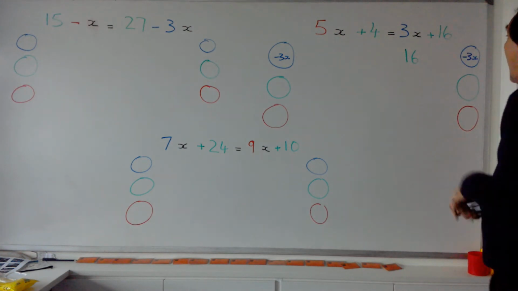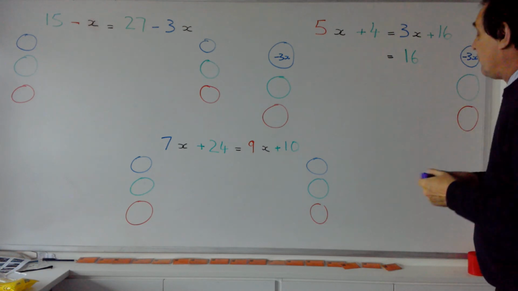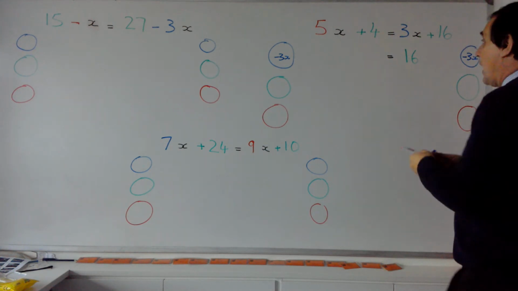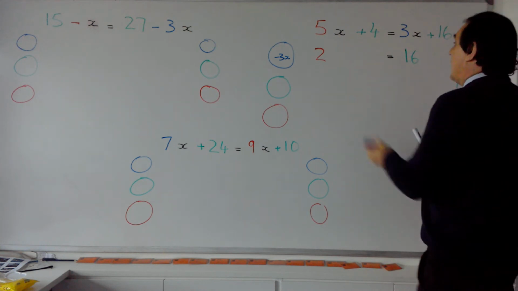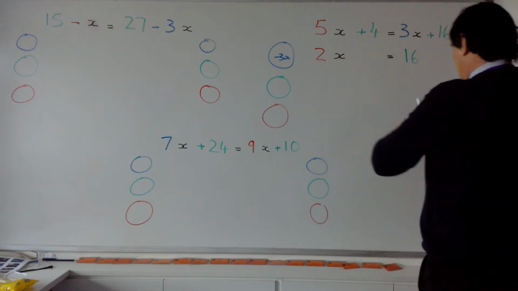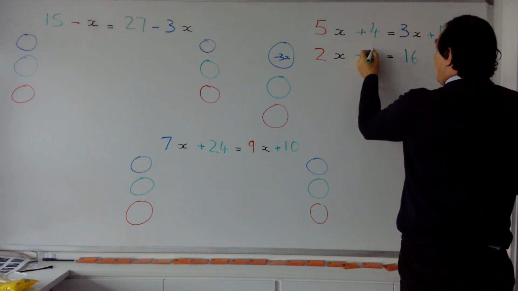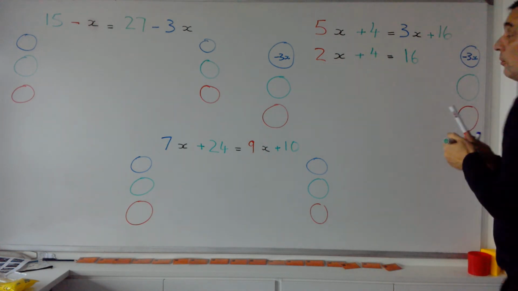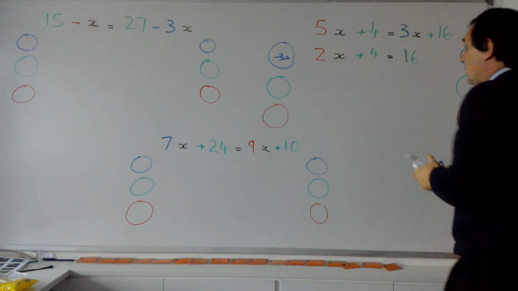Taking 3x away from 5x leaves 2x, and the plus 4 is unaffected.